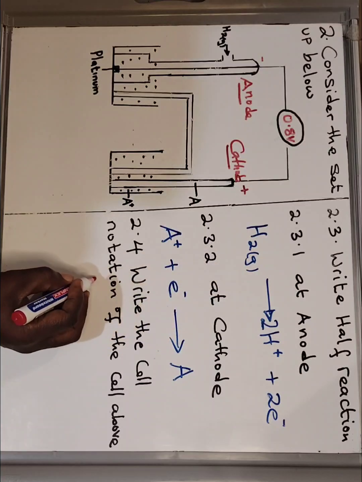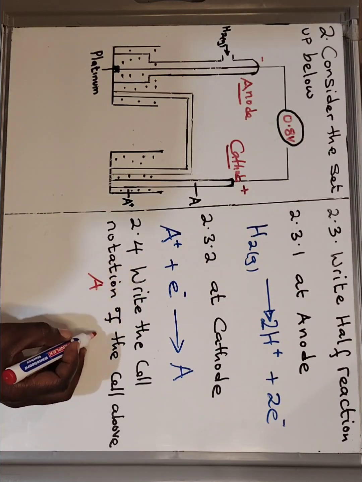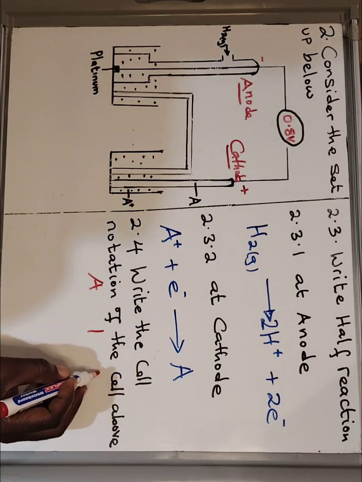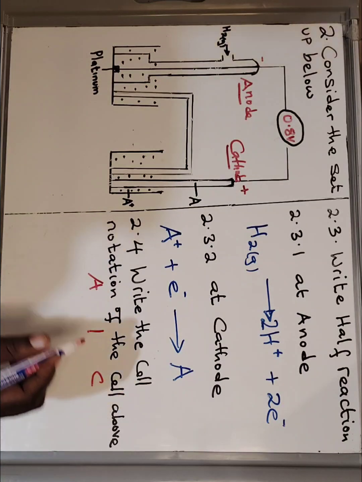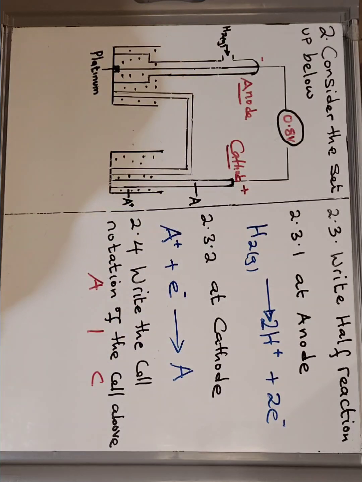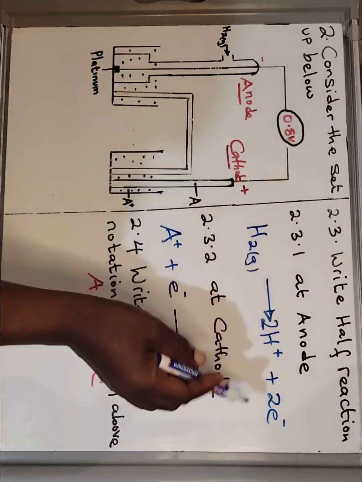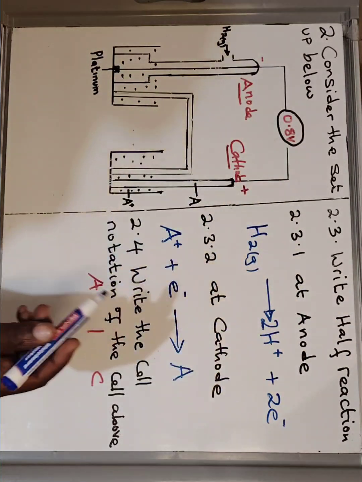We said that for cell notation, this side, which is the left-hand side, is the anode, and the right-hand side is the cathode. Now, what is our anode? Our anode is this one. This is what we experienced at anode.